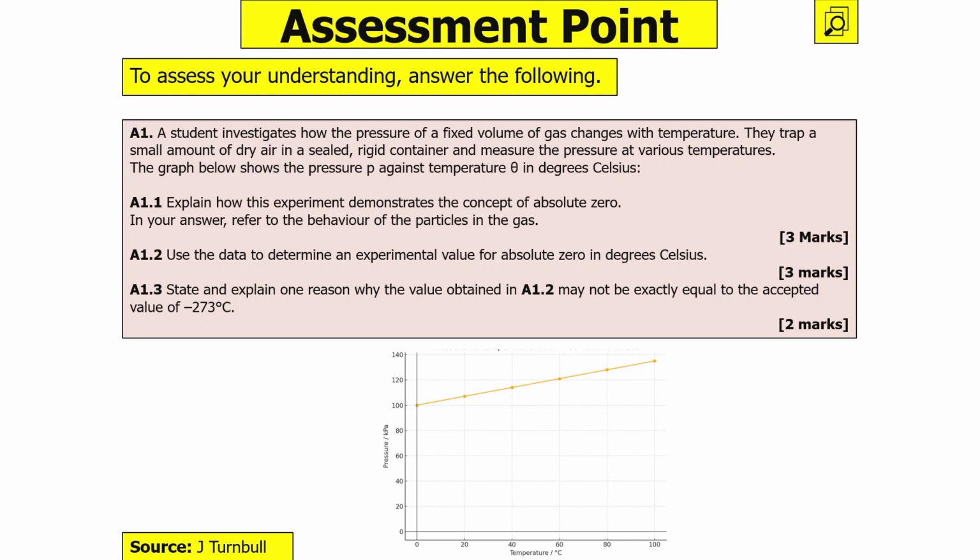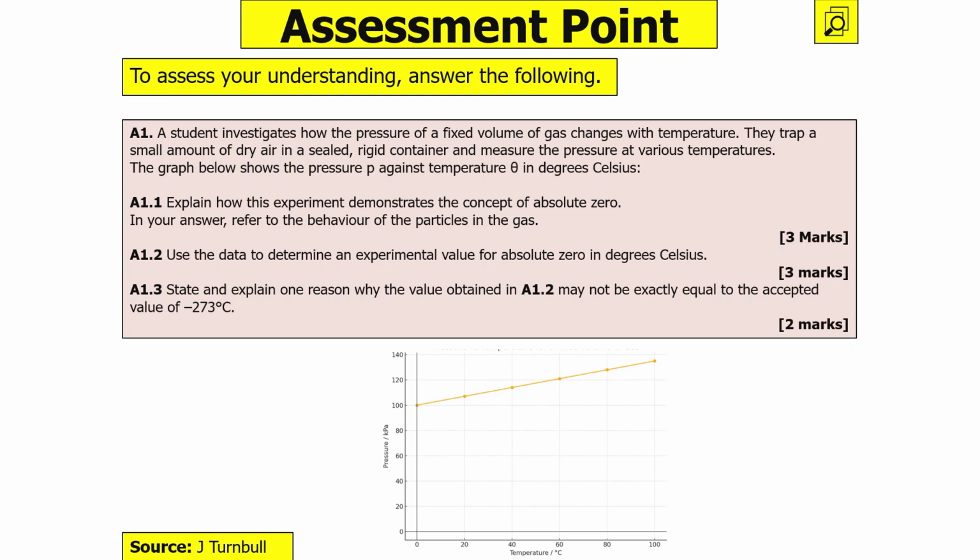In your answer, refer to the behavior of the particles in the gas. Use the data to determine an experimental value for absolute zero in degrees Celsius. State and explain one reason why the value obtained in A1.2 may not be exactly equal to the accepted value of minus 273 degrees Celsius. So, pause the video now, then unpause the video when you want to go through your answer.